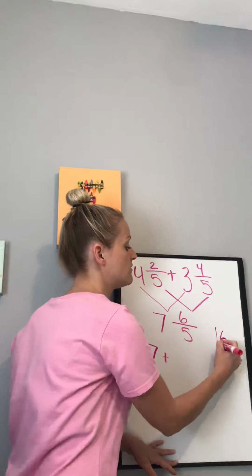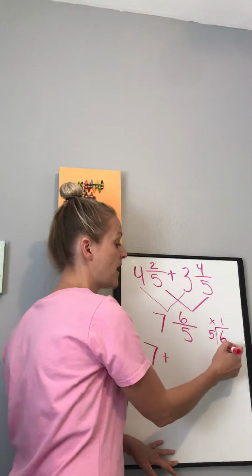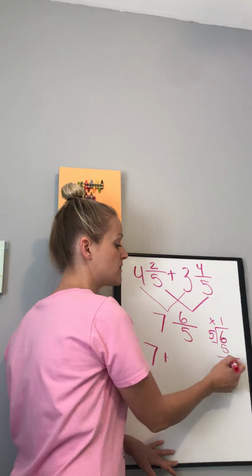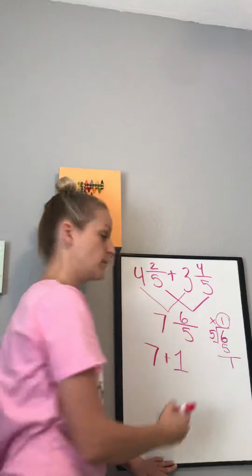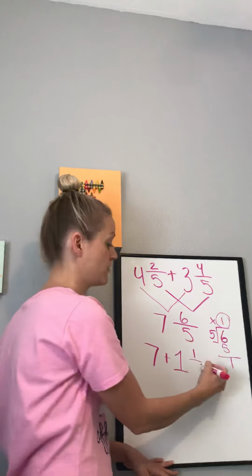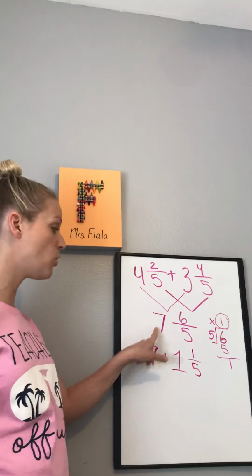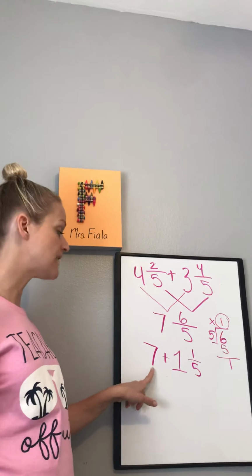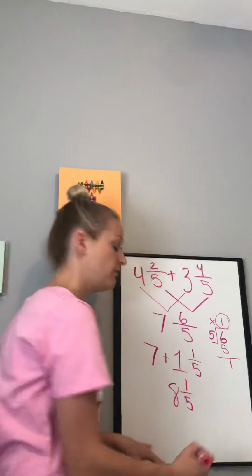So 6 divided by 5. 5 goes into 6 one time. 1 times 5 is 5. 6 minus 5 is 1. Remember, the number on top of the house is your whole number. The number that's left over is your numerator, and your denominator never changes. So now I'm adding that to the 7 wholes I already had. 7 plus 1 and 1/5 is 8 and 1/5.